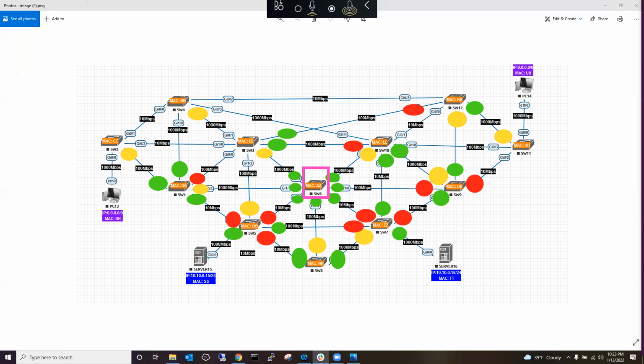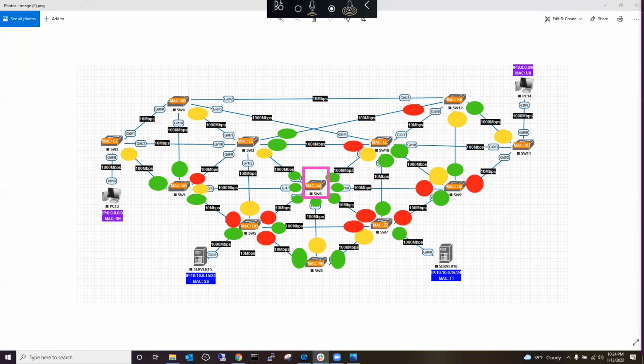The lowest cost switch? It's a 1 gig link from switch 10 to switch 9. What's a 1 gig link cost? It's 4. Okay, from switch 12 to switch 9, it's a gig link. What's that cost?